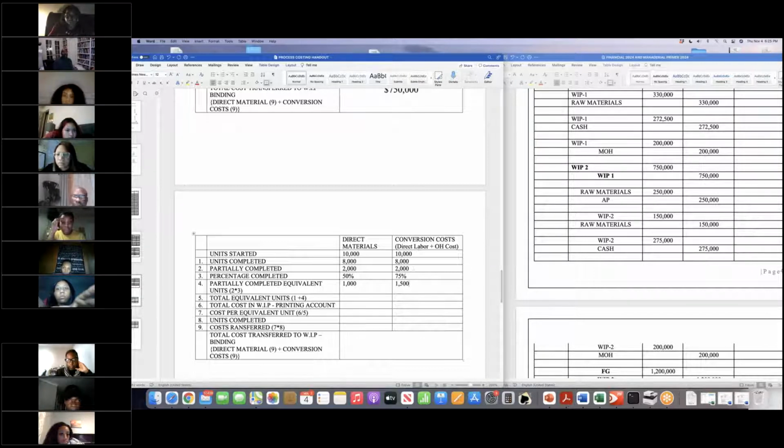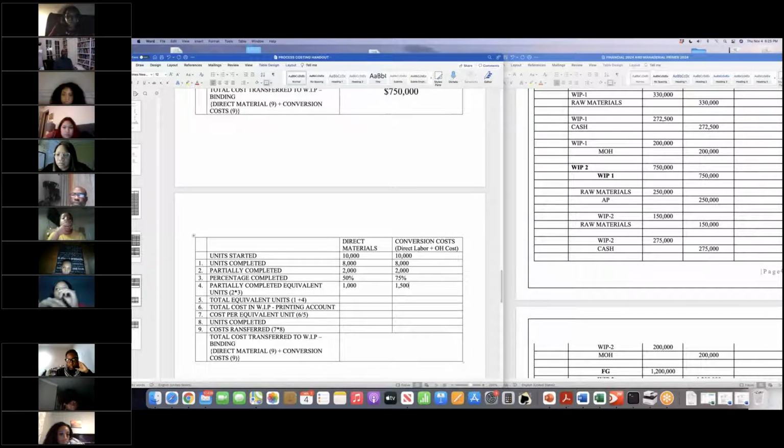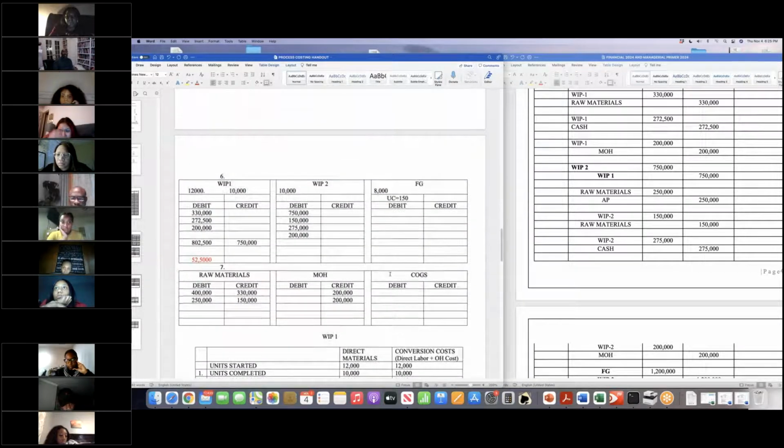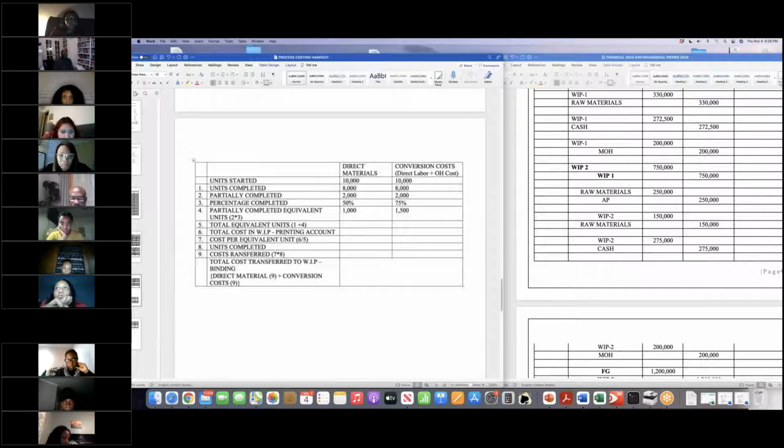We're moving right along. What's our total cost? 900,000, right? 750 plus 150, because when these costs come in, they're raw materials. So you should have had 900,000 here.